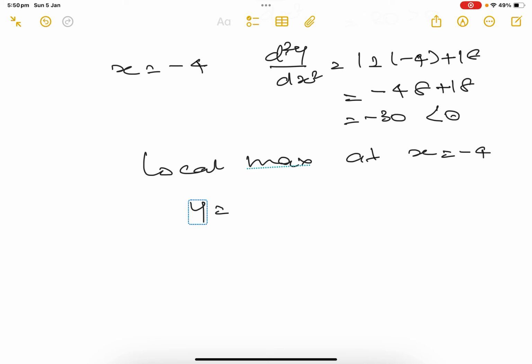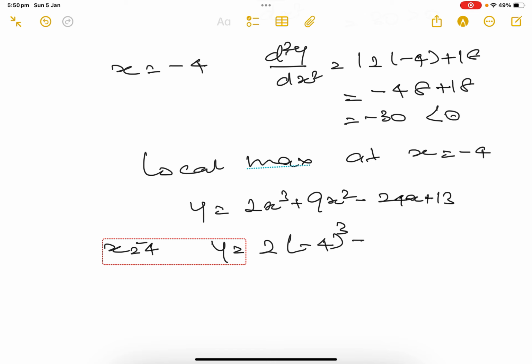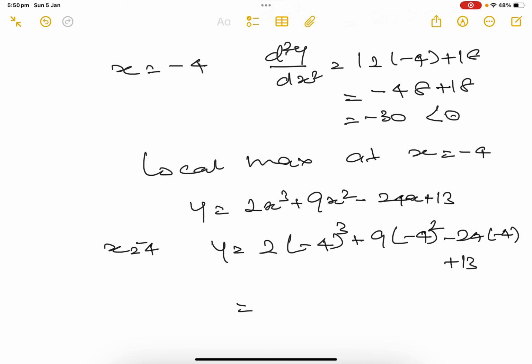So y equal 2x cubed plus 9x squared minus 24x plus 13. If you substitute x equal minus 4 here, y equal 2 times minus 4 cubed plus 9 times minus 4 squared minus 24 times minus 4 plus 13. 4 cubed is 64, it's minus, and times 2, so minus 128. 4 squared is 16, and times 9, that is 144, plus, because minus 4 squared is plus, so plus 144.